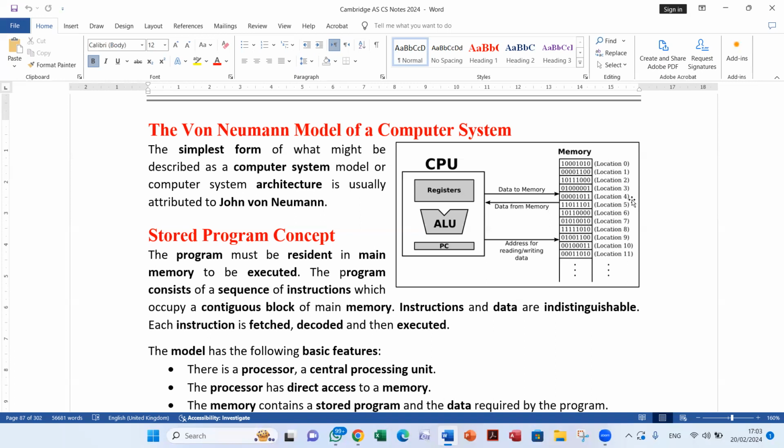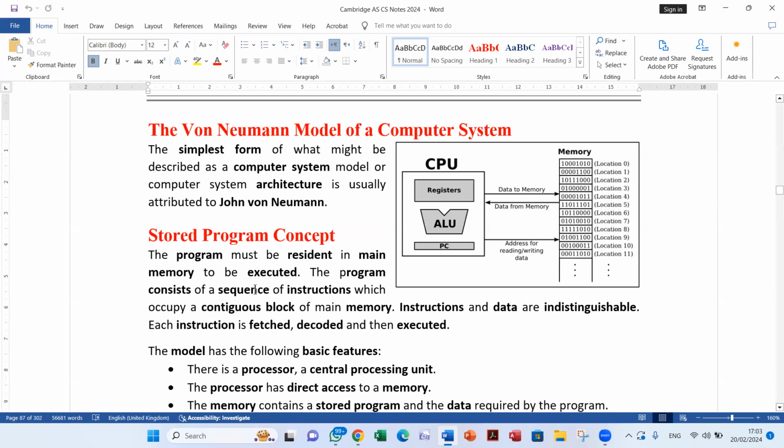The program counter shows the address for reading and writing the data. We may say this is the address bus and this is the data bus. We have to study buses. There are 3 types of buses: address bus, data bus, and control bus. We will study them all.